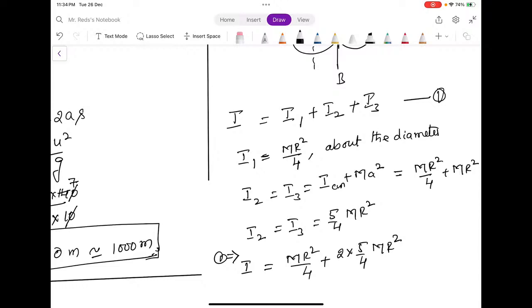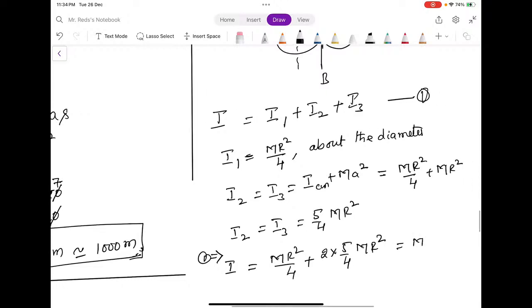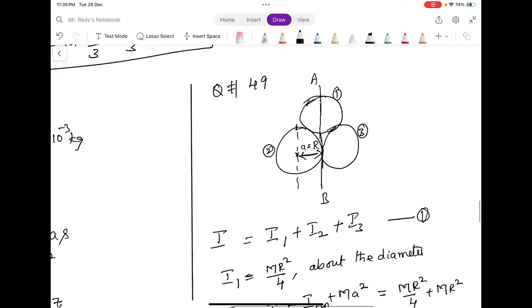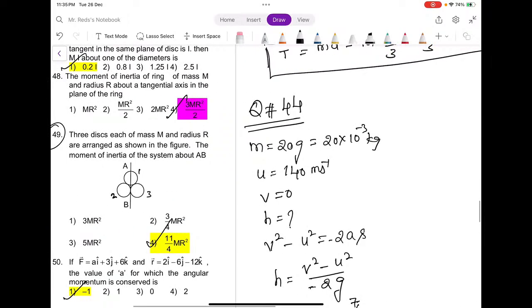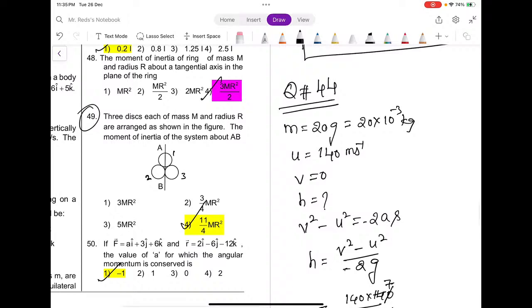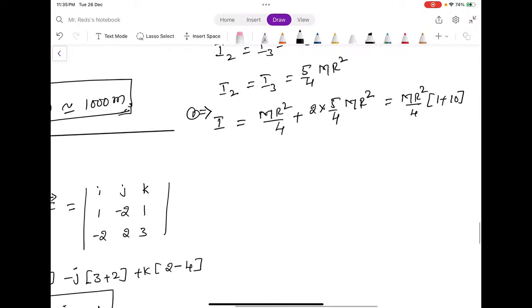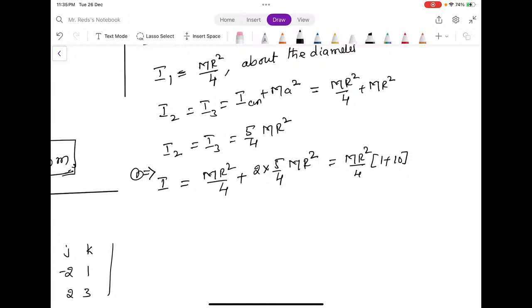For simplification, don't cancel; take mr square by 4 out, then you get 1 plus 5 into 2, 10, so it is 11. So 11 by 4 mr square. For question number 49, option 4 is the right one: 11 by 4 mr square. Therefore I is equal to 11 by 4 mr square.